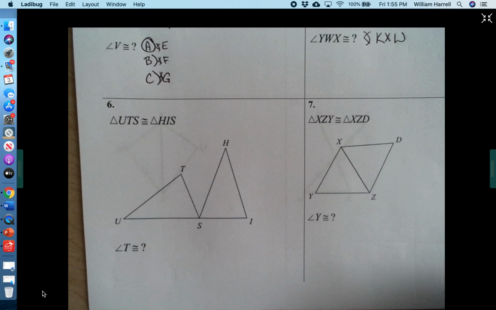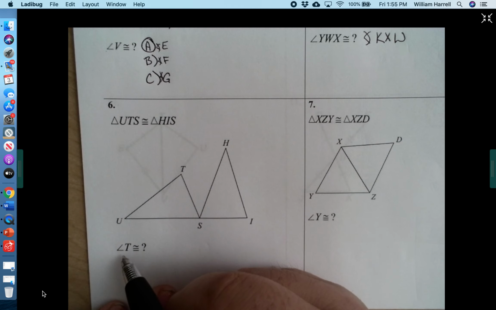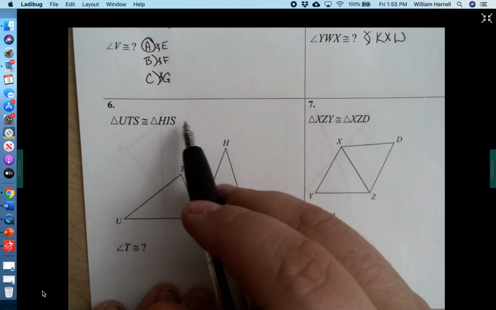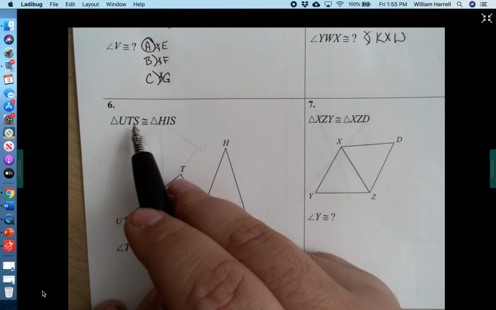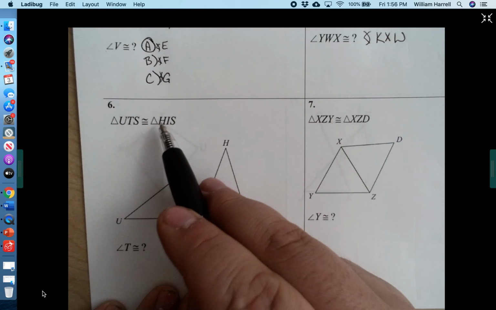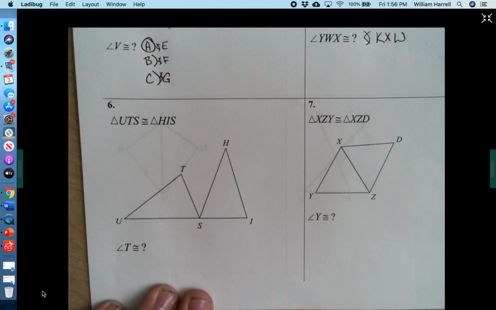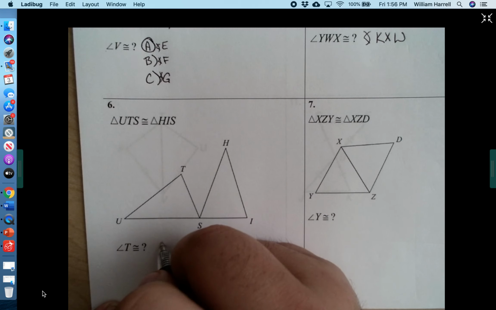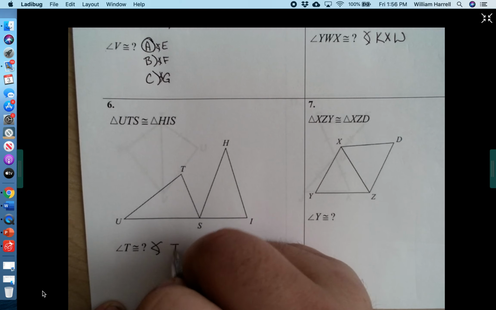Number 6, angle T. Again, where is angle T in my list of figures? It's in the middle. Therefore, which angle, H, I, or S, goes with angle T? It's angle I. Again, for the reason I just told you.